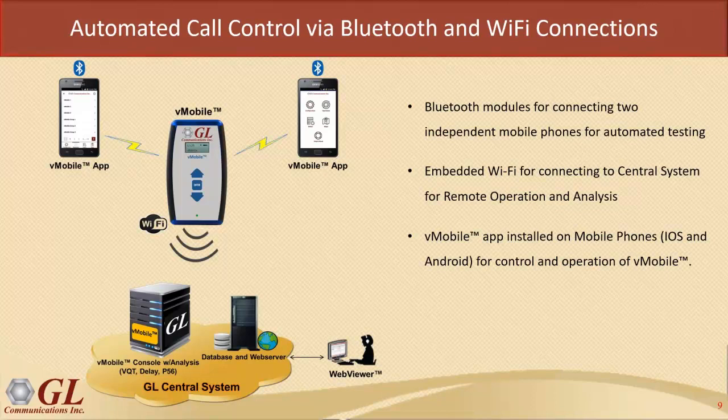We're basically a Bluetooth headset to the phone, and we're going to perform fully automated testing, a full array of analytical metrics, which I'll get into in a little bit. The vMobile also has Wi-Fi within, so we can tether to one of the phones and send all the results back to a central database in the same manner as the VQuad does.